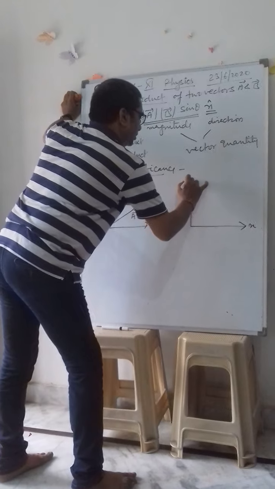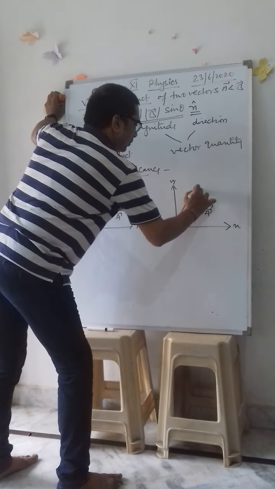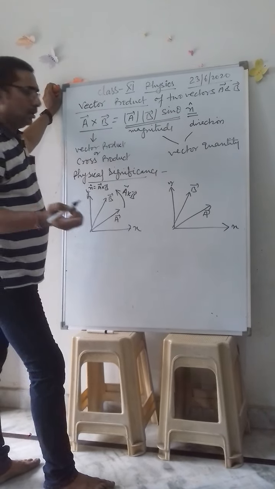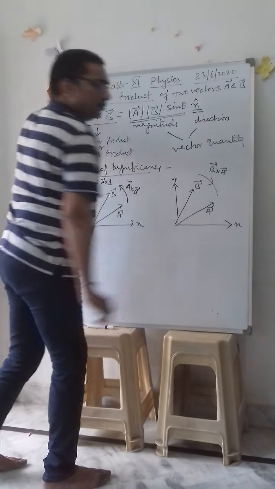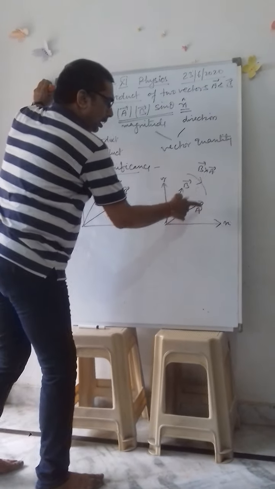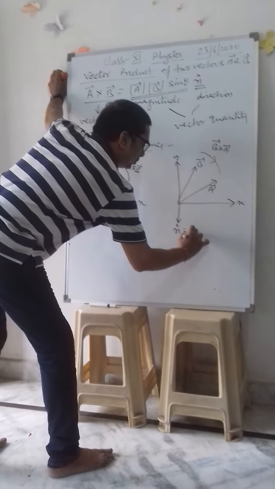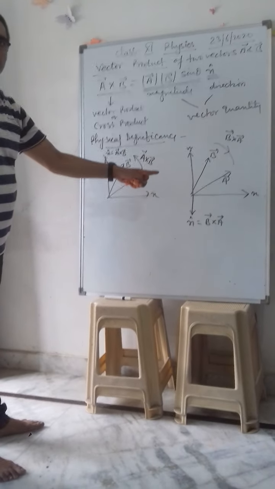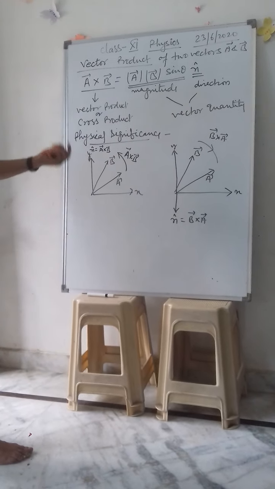This is the x axis, this is the y axis, and this is A, B, and we have to find the cross product between B and A. So its rotation will be in this direction as B cross A. So the vector product of B and A is in this direction, and n cap is equal to B cross A. So we find vector A cross B and vector B cross A are just opposite but equal in magnitude.